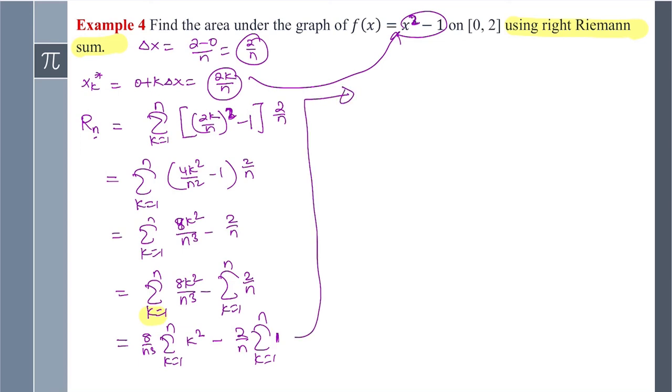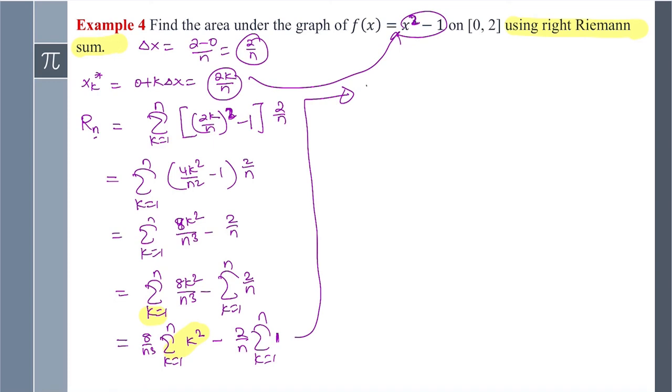Now for the first one, this is the sum of the squares of natural numbers. If you watched the previous video where we did this summation, the sigma notation, you know that the sum of the squares of natural numbers is given by, so I'm going to write the formula here.